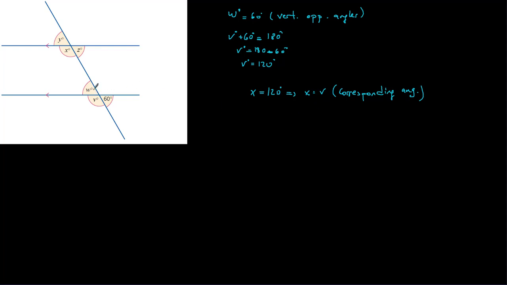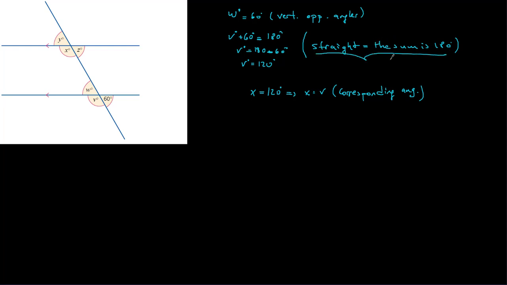We found V by using the straight angle rule. Actually, I can write here straight angle, because a straight angle means the sum is 180 degrees, or we can say they are supplementary angles to each other.